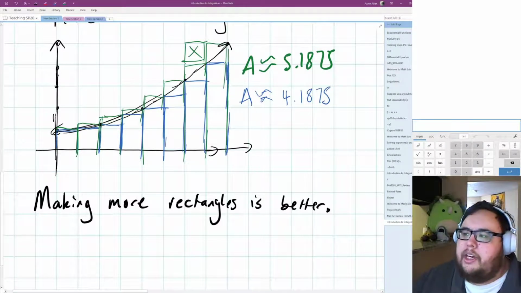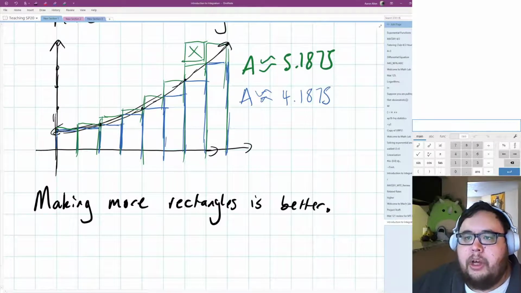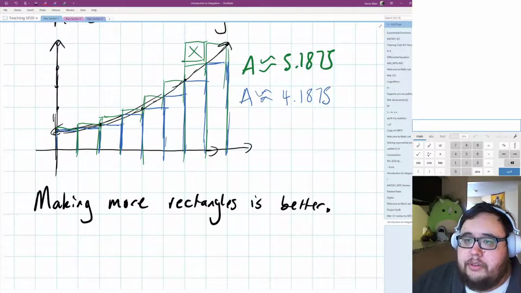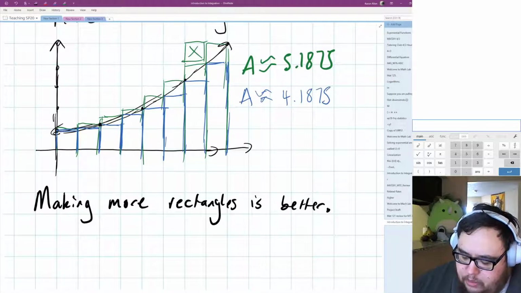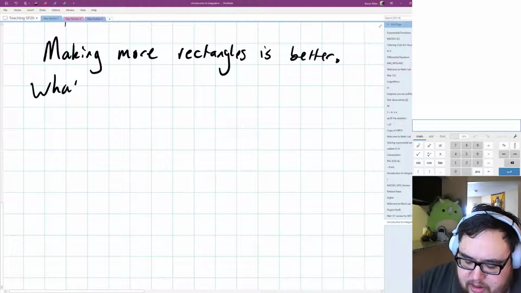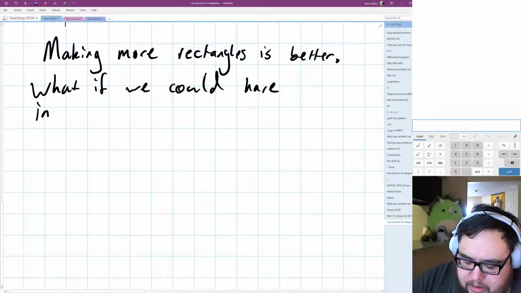And then the theory here that's going to link this idea of the area beneath the curve problem to the theory behind derivatives is what Nick just alluded to. It's that what if we could have infinity rectangles?